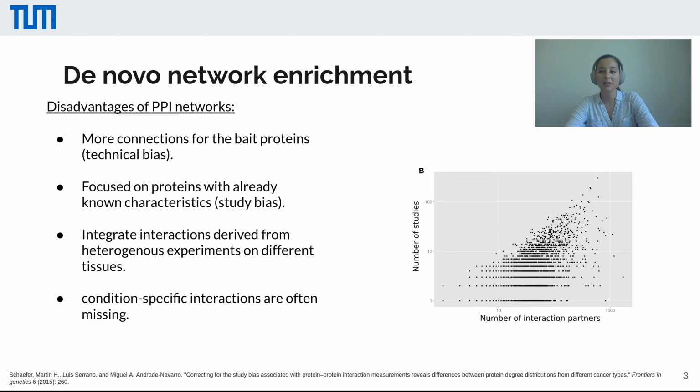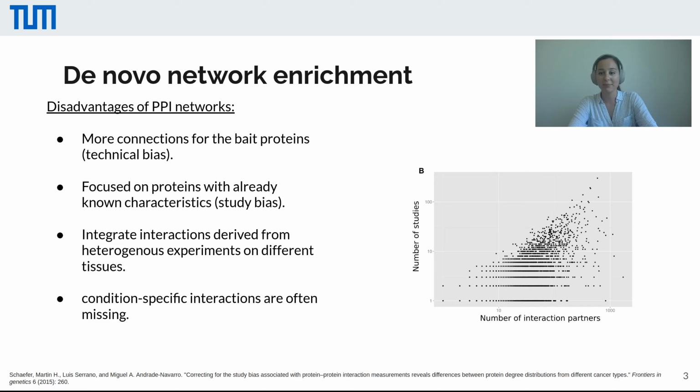But there are also plenty of factors that make researchers skeptical about protein-protein interaction networks. The degree of each protein, or the number of interacting partners, is largely affected by various sources of biases. For instance, there is a technical bias that comes from the fact that bait proteins are going to have more interaction partners.